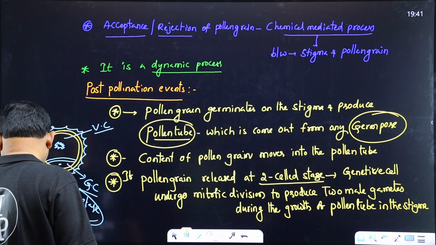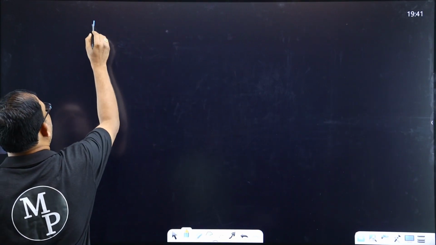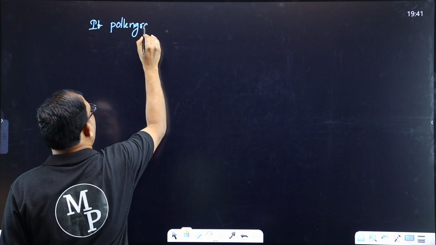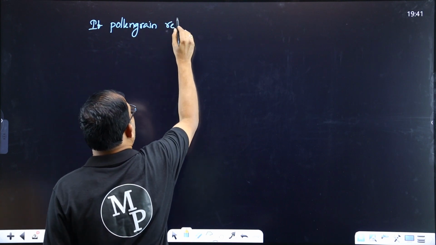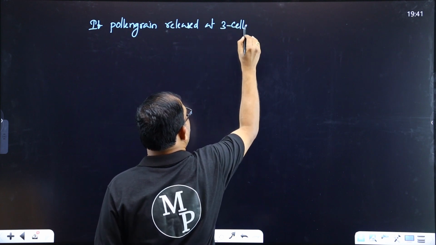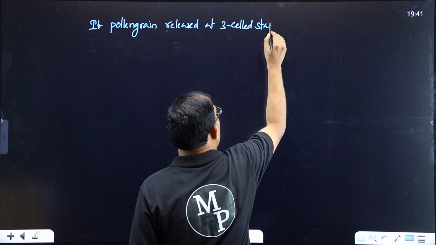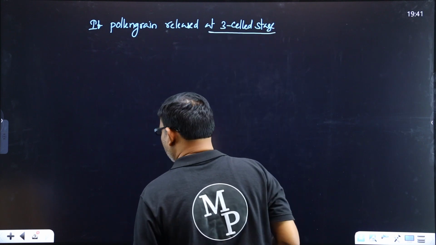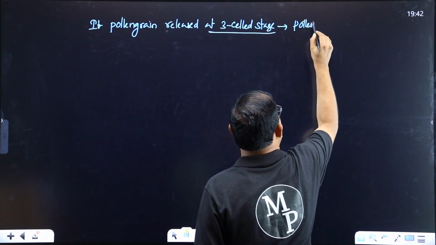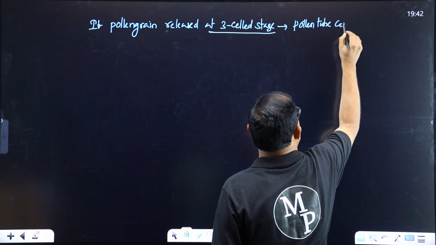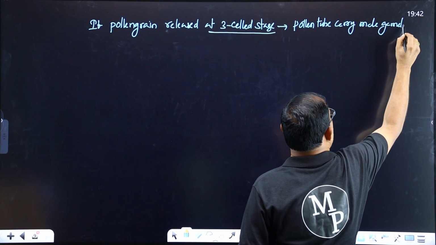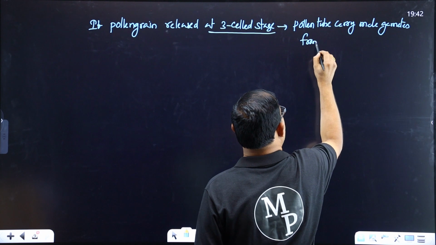Now see all of you, if a pollen grain is released at a three-celled stage, that means the pollen tube carries male gametes from the beginning.